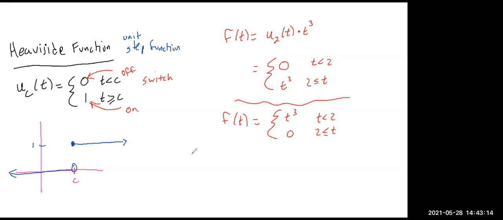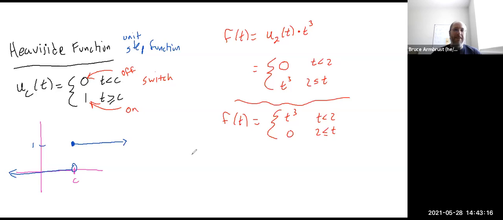My guess is make it negative. Yeah, there it is. Here's how this plays out. Our function was t cubed, but then we need to turn it off, so we go negative u sub 2 of t times t cubed.